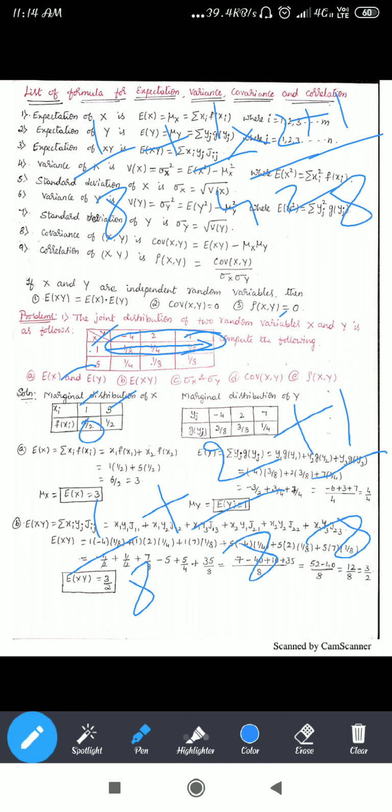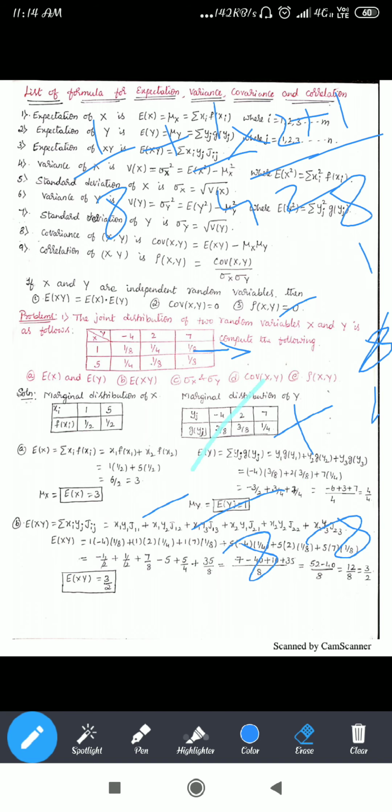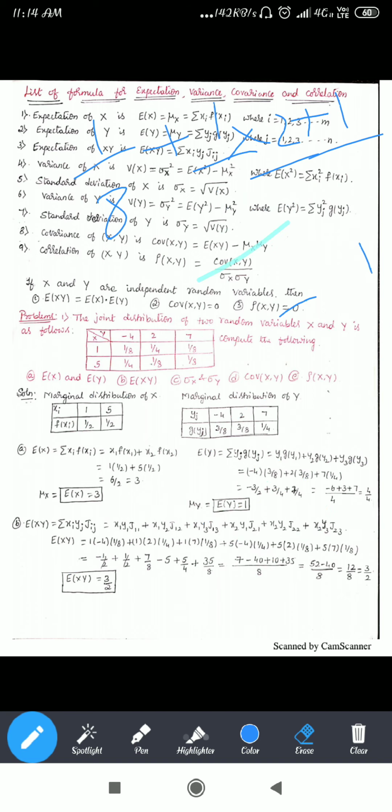So what we'll get: 1 plus 2 plus 1 is 4 by 8. 4 ones are 4, 4 twos are 8. So your answer is 1 by 2. It means if you add these three terms, you will get 1 by 2. Same thing for 5. What we have to add? We have to add 1 by 4 plus 1 by 8 plus 1 by 8, so that you will get again 1 by 2.